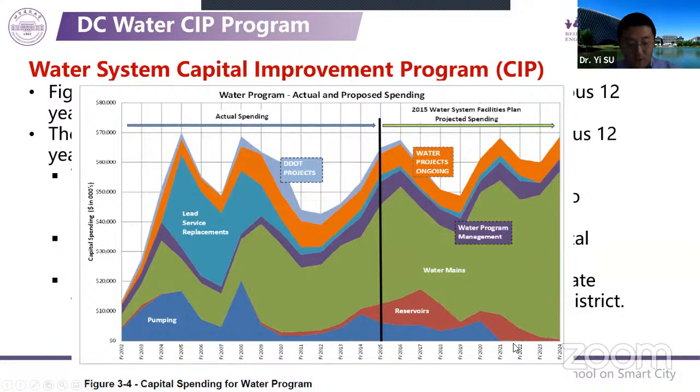The figure illustrates the focus of spending through the previous years. For example, the water program management funding has been consistent through the previous 12 years, and the schedule continues.